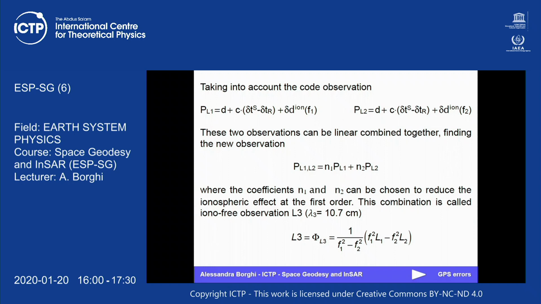By choosing this special coefficient, the ratio between the frequency 1 power divided by the difference between the two frequencies, and the other coefficient, you have a new observation called the iono-free combination, and in this iono-free combination you don't have the term related to the ionospheric delay.